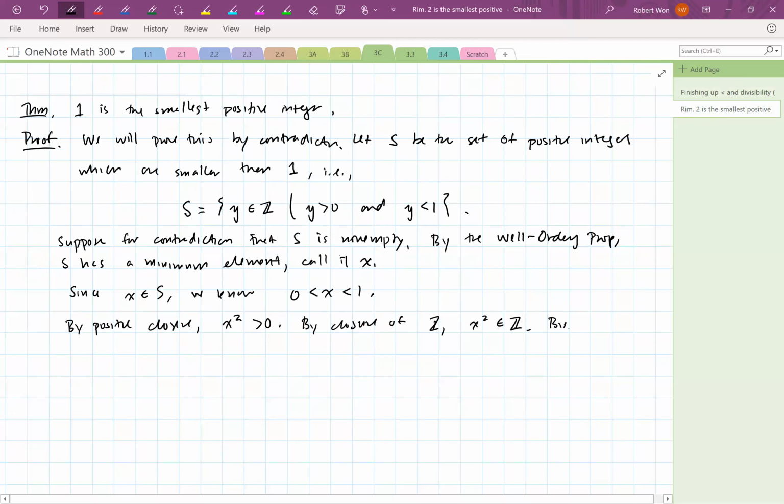So by the previous theorem, since 0 is less than x is less than 1, therefore 0 is less than x squared is less than x, but also x is less than 1, right? Hence, x squared is between 0 and 1.